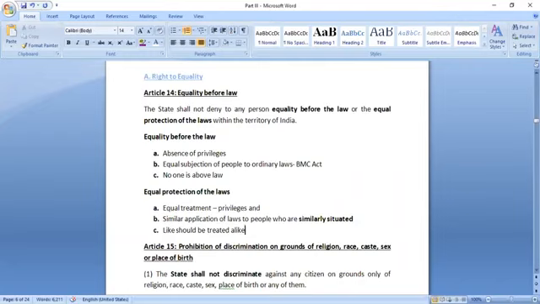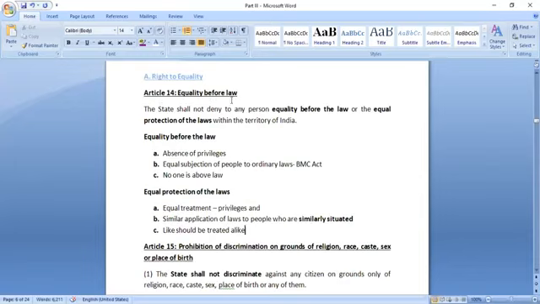For example, under the Constitution, we are given a right that if a person is arrested, he has the right to at least make one phone call and inform one of his family members or friends about the arrest. That should be given to all the people. That means like should be treated alike. If any special privilege is given to one person, any other person who is similarly situated would also be entitled to the same privilege or treatment.